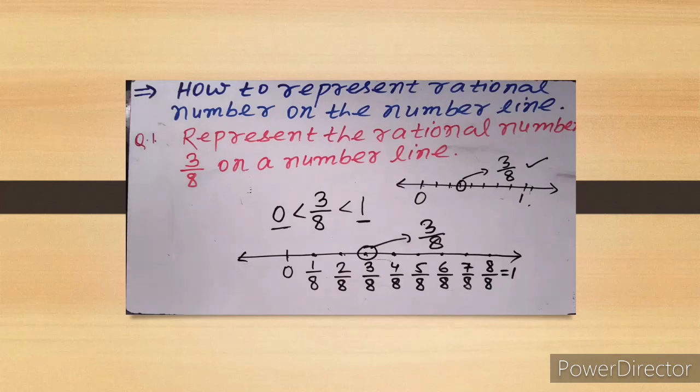So children, try to solve all those questions that I have given on finding the rational numbers between two rational numbers, and if you have any query then forward it to me and I will solve your query in the next video lecture.